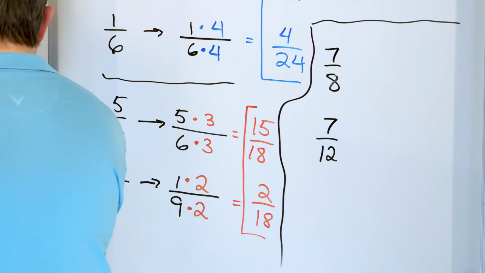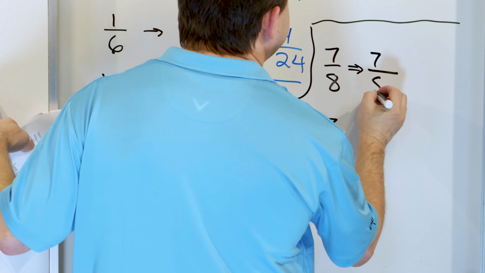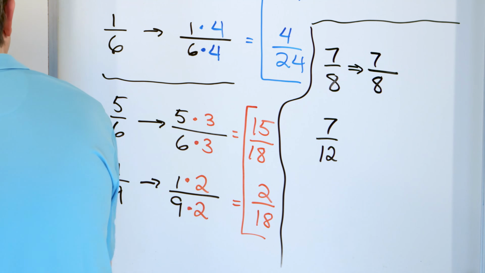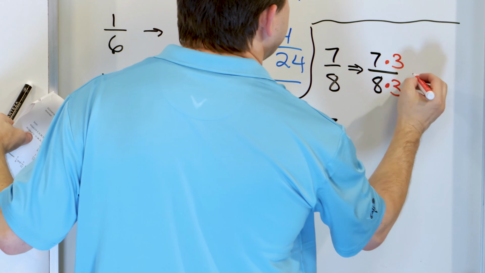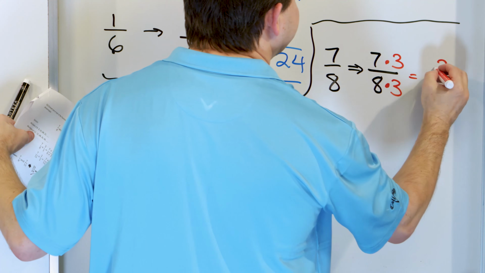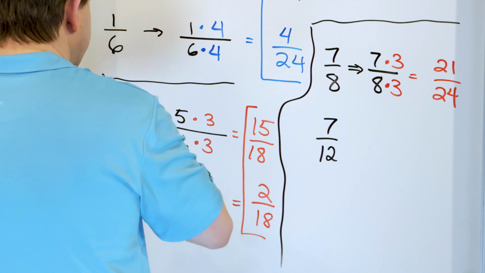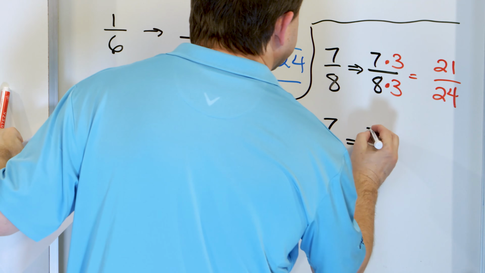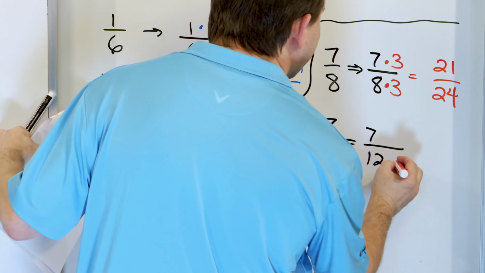So I'm going to shoot for 24. So this one is 7/8, and I'm going to multiply by something to give me 24. Multiply by 3 and by 3. And what does this equal? On the top, 7 times 3 is 21. On the bottom is 8 times 3, 24. And then over here, it's going to be 7/12. What do I need to multiply by? 12 times 3.